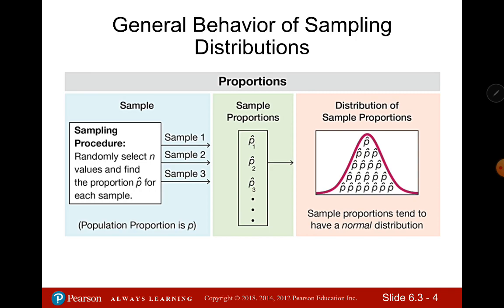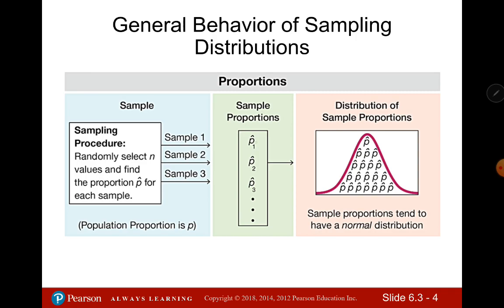The second sample, we can have p hat 2. If we have 100 samples, we will have 100 p hats, right? So we will see all the p hats follow a normal distribution. So I put this normal curve here. All the p hats follow the normal distribution.